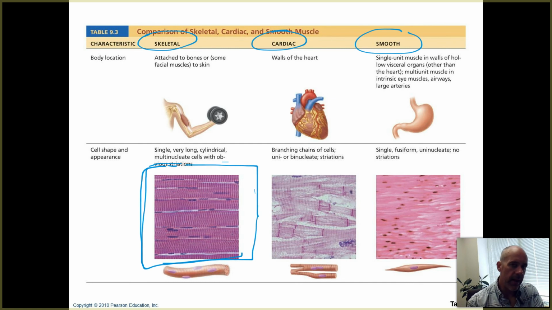And you may remember from back in Unit 2 that the individual cells in skeletal muscles are long and cylinder shaped like they're showing you down here. And they're actually multinucleated, that word right there, multinucleate cells. So they're very long cells in some cases, and they have more than one nucleus inside them.